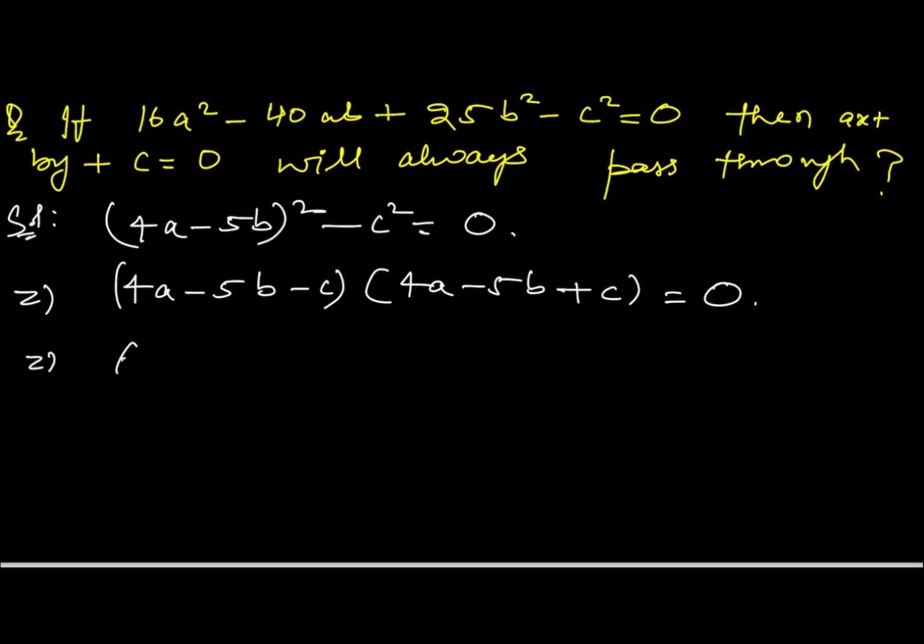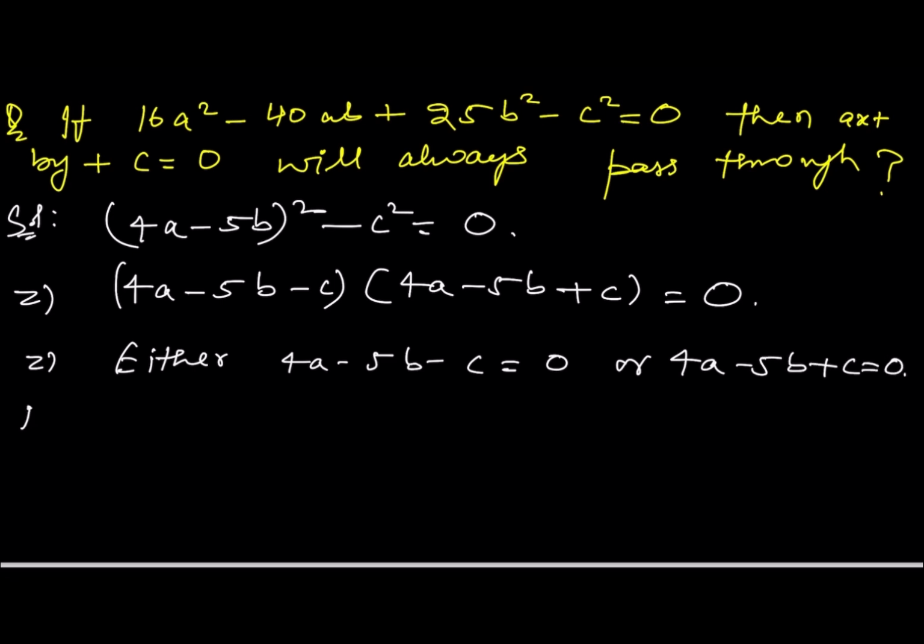So either 4a minus 5b minus c is equal to 0 or 4a minus 5b plus c is equal to 0.